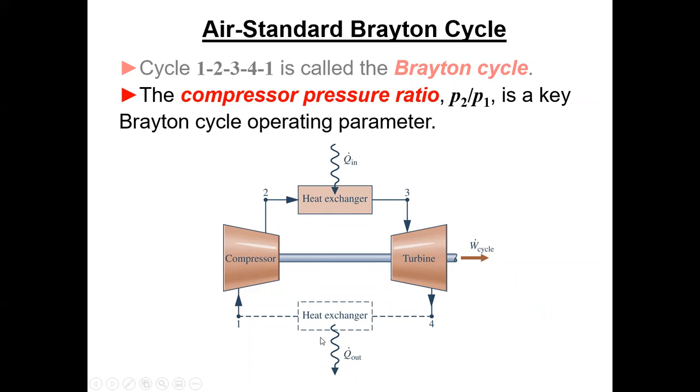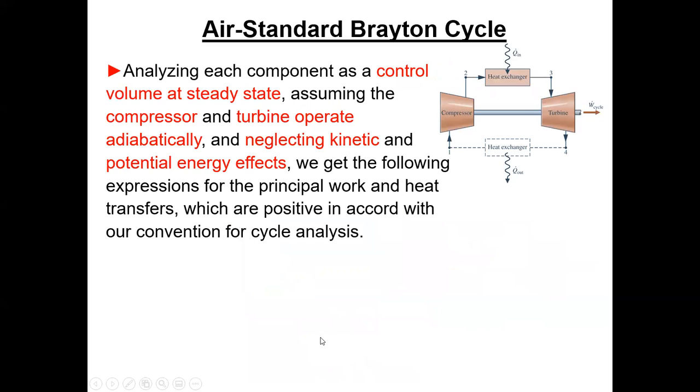The compressor pressure ratio, P2 over P1, is a key operating parameter for the Brayton cycle. So we'll talk about increasing and decreasing pressure ratios as we go forward. Analyzing each component as a control volume, steady state, assuming that the turbine and compressor are adiabatic, ignoring kinetic energy, all of our standard simplifying assumptions, we're going to get the following equations.